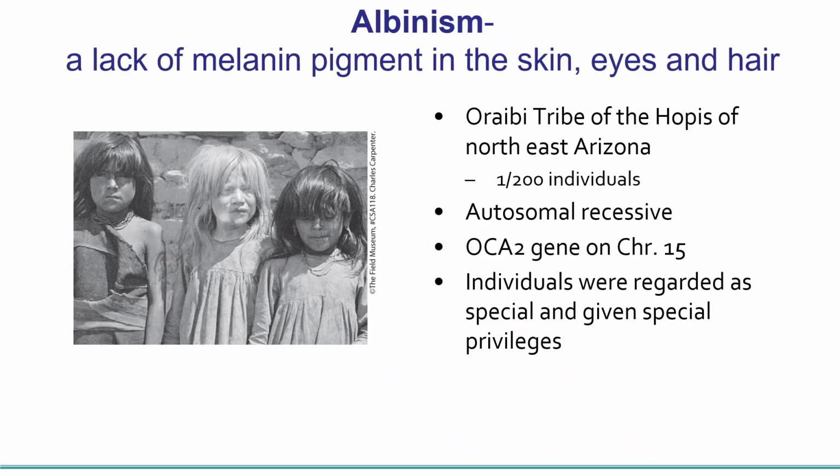This example here is from the Oraibi tribe of the Hopis in northeast Arizona. This population has a particularly high concentration of individuals with albinism. And we'll talk about why that might be in just a second. So throughout this course, we're going to go through the different locations, chromosomes, types of inheritance, all of that. So for example, if we were studying albinism, we would learn that this is an autosomal recessive.